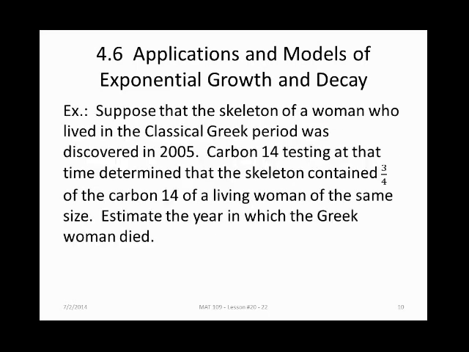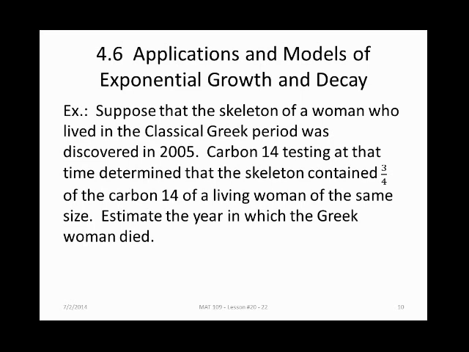A problem using this would be one such as this. A skeleton was discovered in the year 2005. Carbon-14, that's the radioactive form of carbon, done in that year, determined that the skeleton had 3/4 of the carbon of a living woman. So they knew how much carbon-14 a living woman would have in her body.